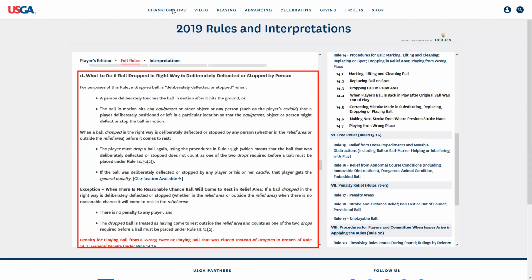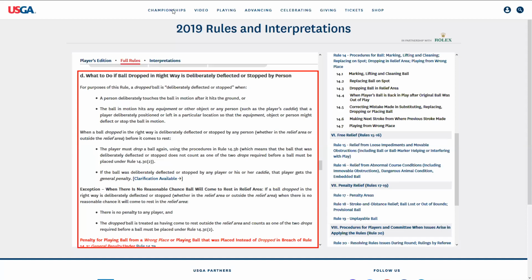If a ball dropped in the right way is deliberately deflected or stopped, whether in the relief area or outside the relief area, when there is no reasonable chance it will come to rest in the relief area, there's no penalty, and the dropped ball is treated as having come to rest outside, and this counts as one of the 2 drops. So what does that mean?